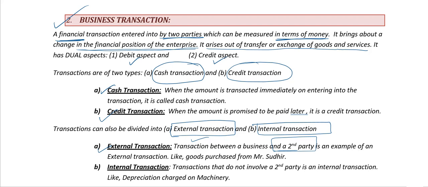A credit transaction does not involve immediate exchange of money. Similarly, a transaction may be an external transaction or an internal transaction. A transaction involving a second party is an external transaction, whereas a transaction which does not involve a second party is called an internal transaction.